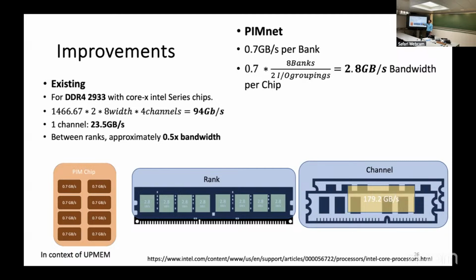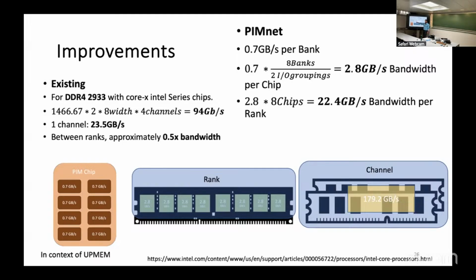because every second chip has to share an I/O interface. These chips are then going to be multiplied by 8 to get a rank level, which is going to be 24.4 gigabytes per second. And as you can tell, the rank and the channel between the existing and the current PIMnet is more or less the same.